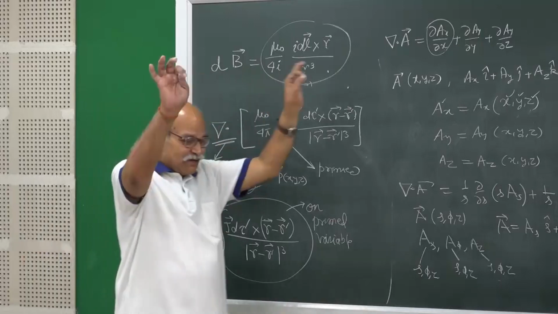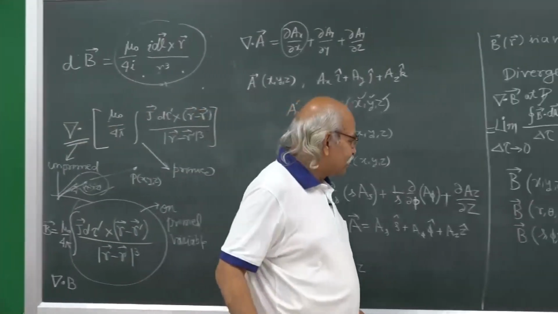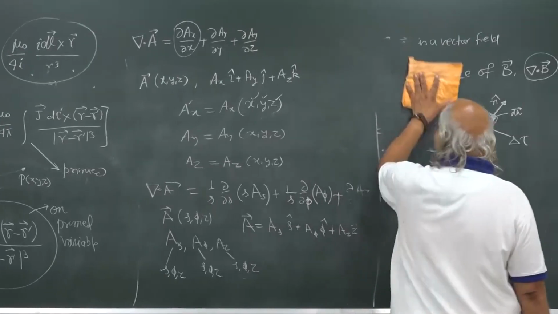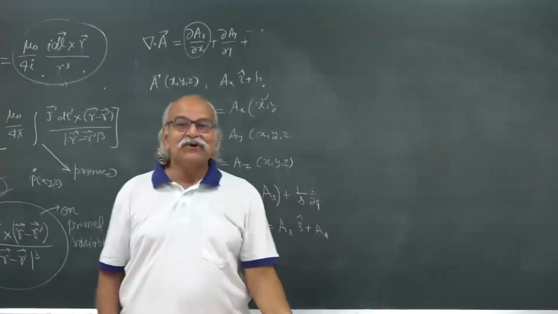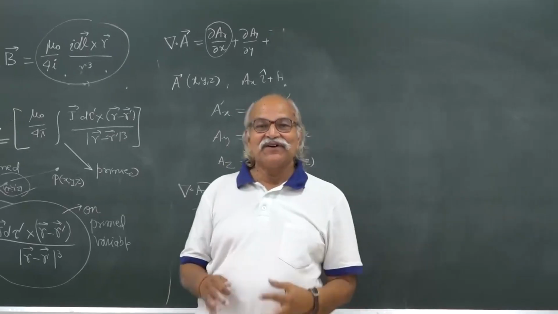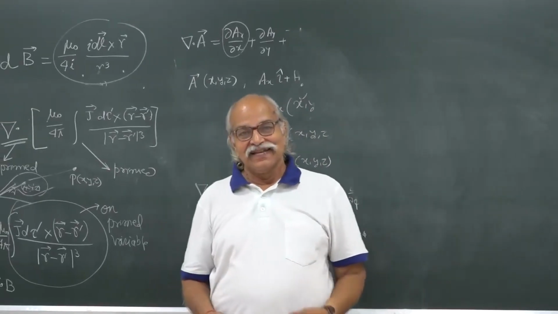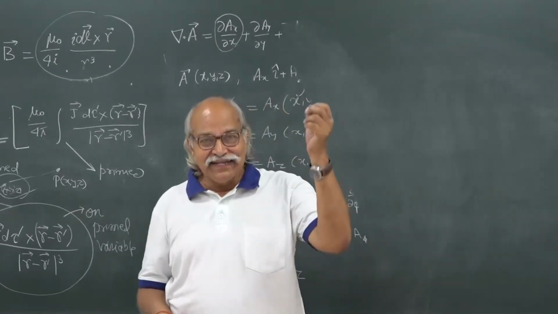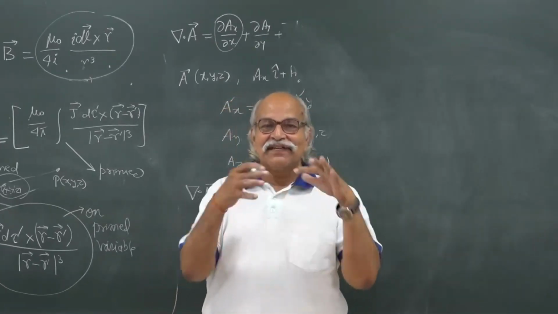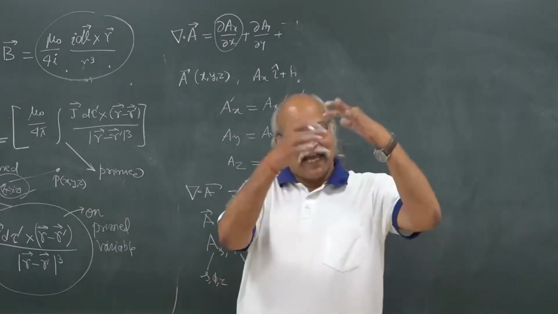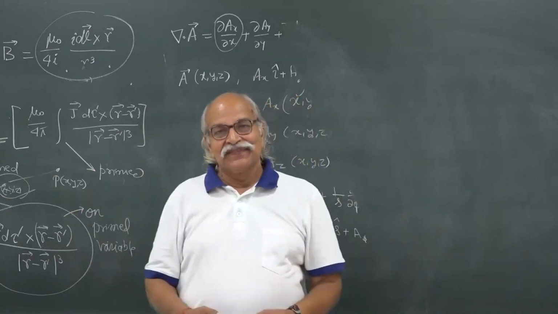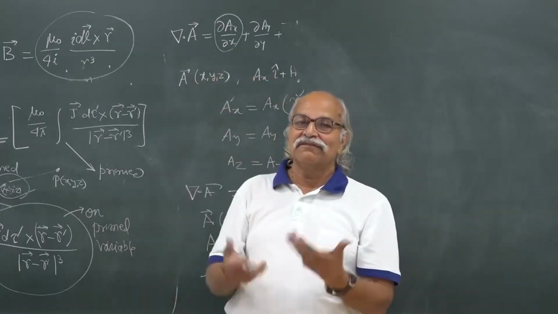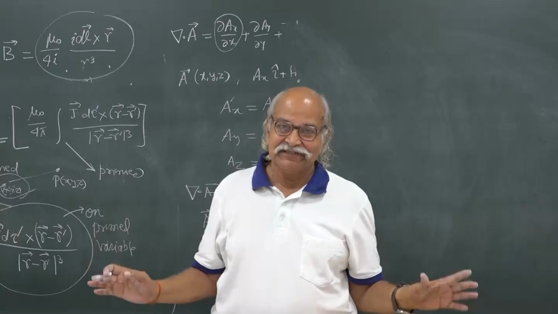Now the final statement of today's lecture: no matter what kind of current distribution you have, whether it is a circular loop, a solenoid, a line, or some surface current, surface can be of different nature, volume current, different kinds of volume distributions of current, whatever.